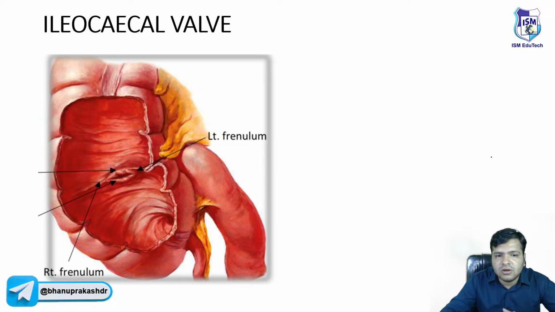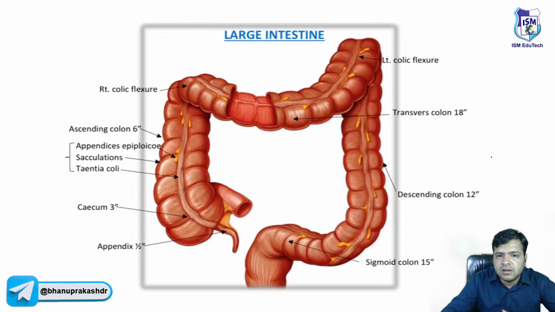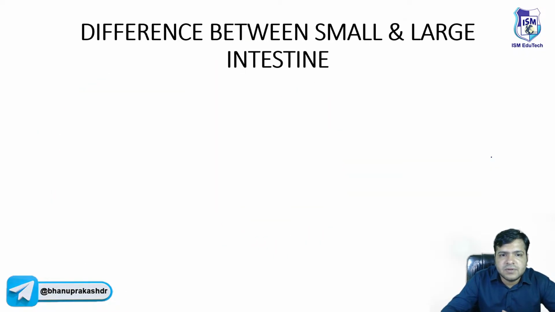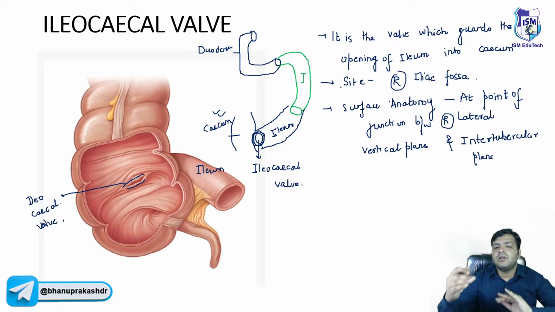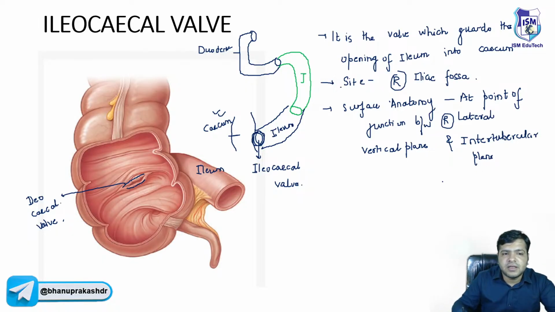Let me just tell you, beta. You already know we have this vertical plane. So this is actually lying at the level of this vertical plane. Sorry, the vertical plane will be like this.